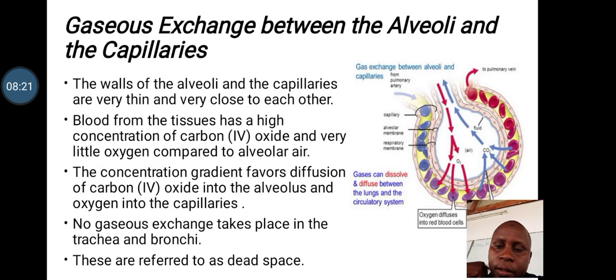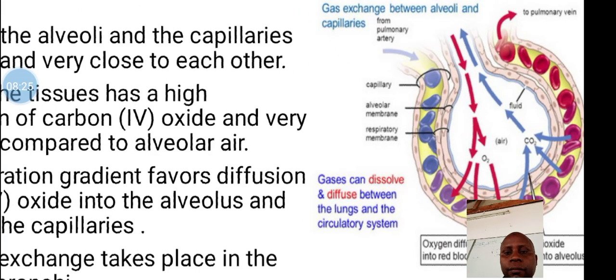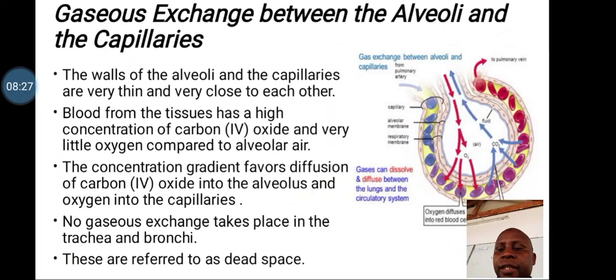So, because of that difference in concentration, the concentration gradient favors diffusion of carbon dioxide into the alveolus. Because carbon dioxide is highly concentrated in the blood than the alveolus, it moves into the alveolus. By which process?